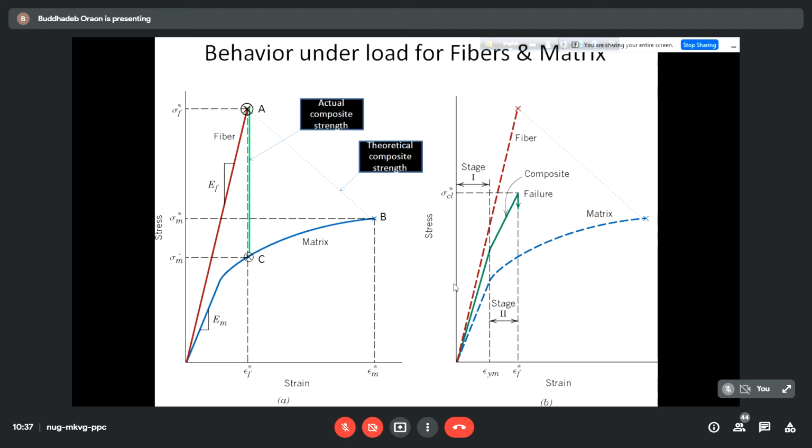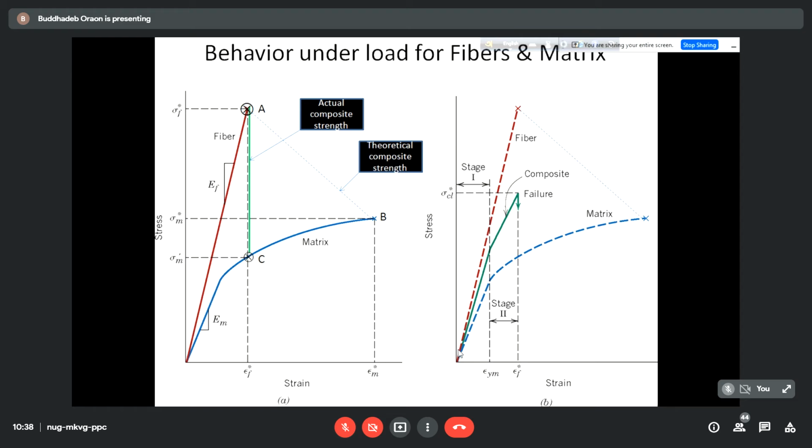So with this increase in stress level, what happens? The load which we are applying on the matrix will be slowly transferred to the fiber, and at a certain point the whole external stress will be transferred to the fiber, and the fiber will take the load. So what will happen?